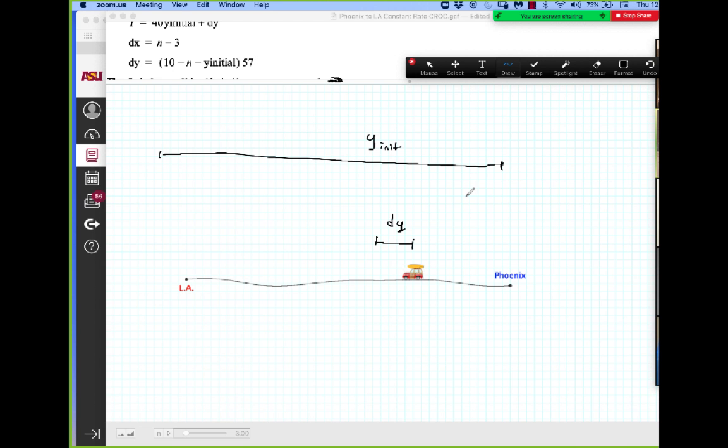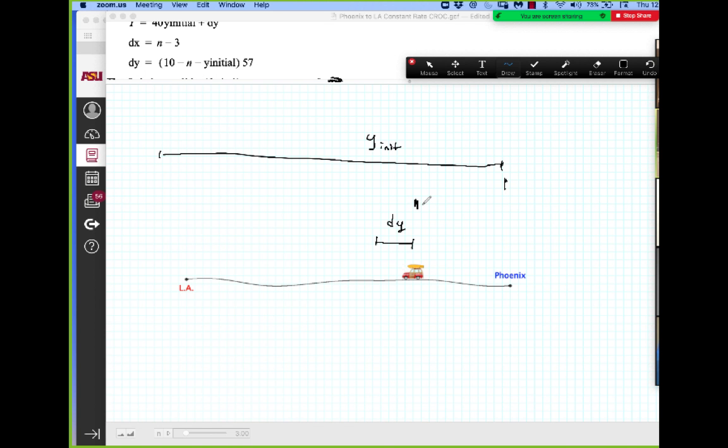The end segment, do you mean the right post segment? Yeah. So you want to move this? Kind of where the car is right now. So that would be the y initial. So just that right there is y initial? Yeah.